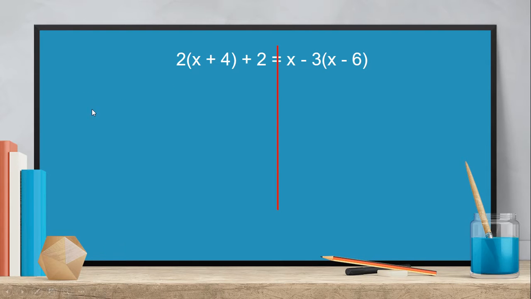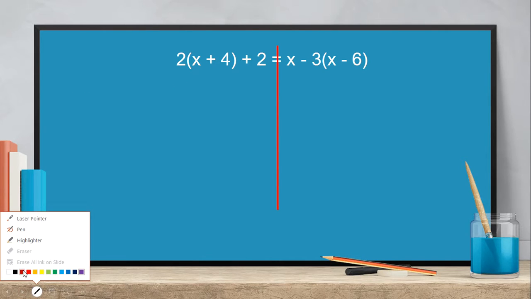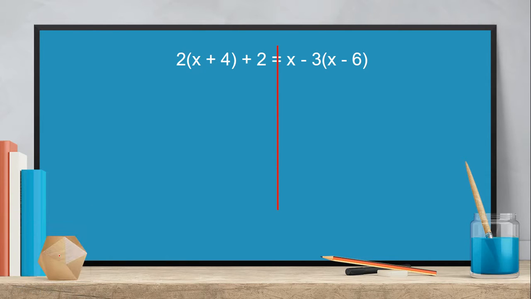Let me change colors so we get a new color because I can do that nowadays. Let's use a red. So 2 times our x is 2 because we know that's from our equation x equals 2. So 2 times 2 plus 4 plus 2 equals x is 2 minus 3 times x, which is 2, minus 6.